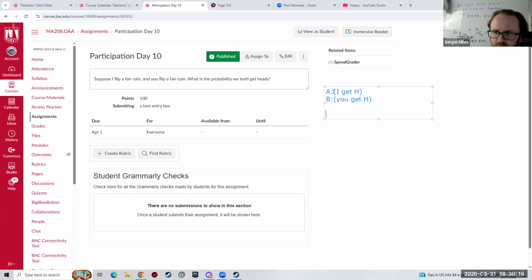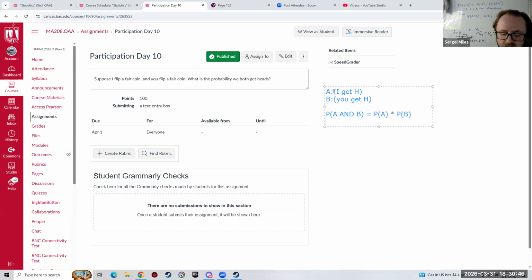These are independent events, right? So the probability of both of these things happening together, the probability of A and B, we're talking about both happening. This is an intersection between the two events. Because they're independent, it's the probability that I get heads times the probability that you get heads.